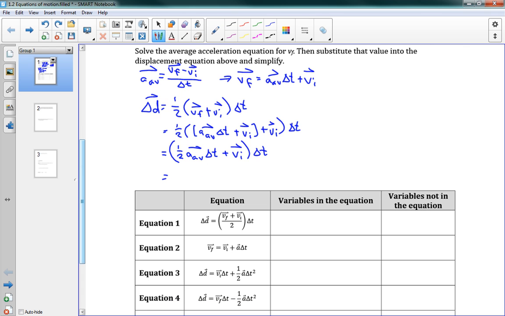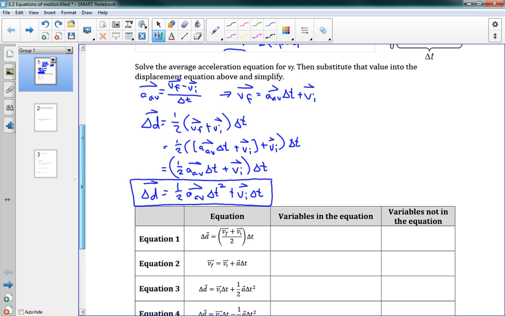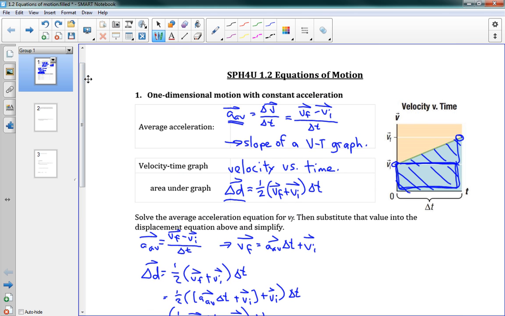So I'll give one more line here: 1/2 a average delta t squared plus vi delta t. And there we go. Now we have an equation for displacement that doesn't involve the final velocity at all. So that's one of our 5 special equations. We have one equation here, a second equation here. We just created a third equation.